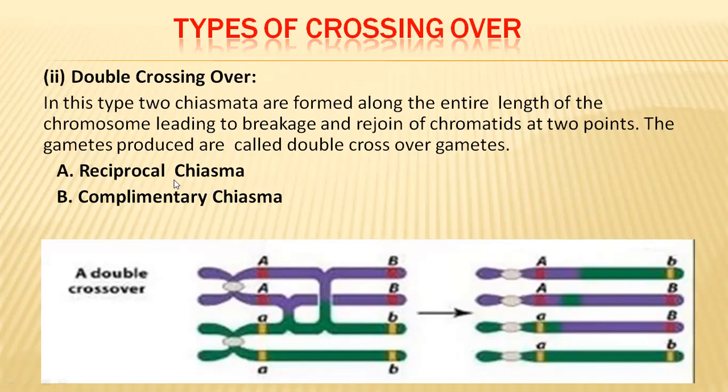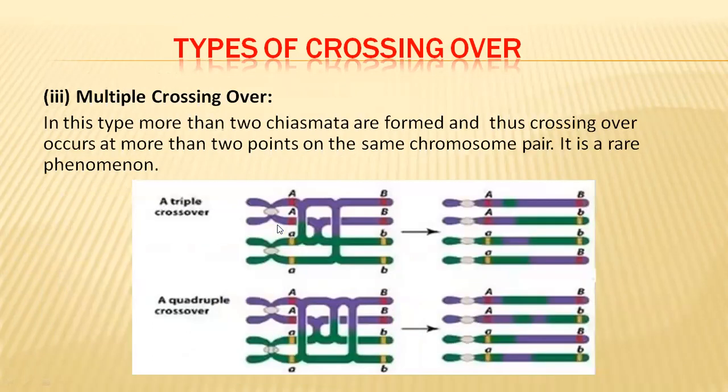But reciprocal chiasma is one in which the second chiasma also occurs in between the first chromatid of the first one and the first chromatid of the second one. If it occurs in between the same chromatids, then it is called reciprocal chiasma. And the third one is multiple crossing overs.